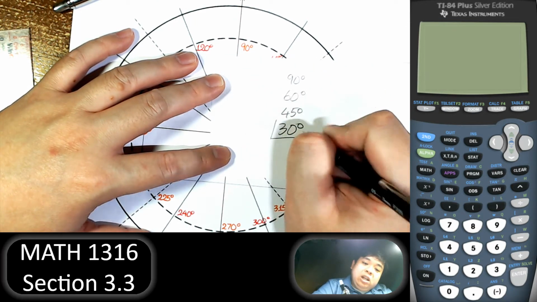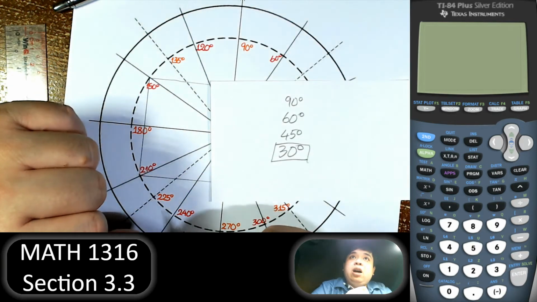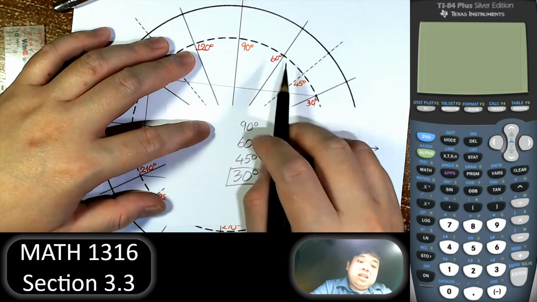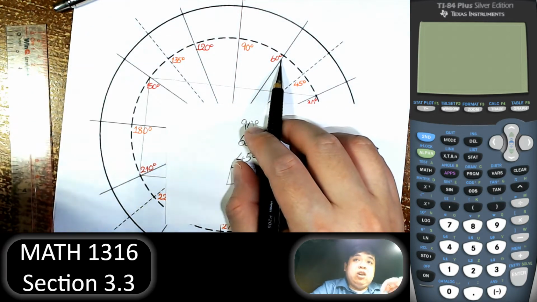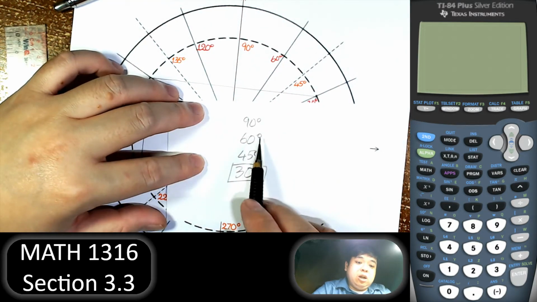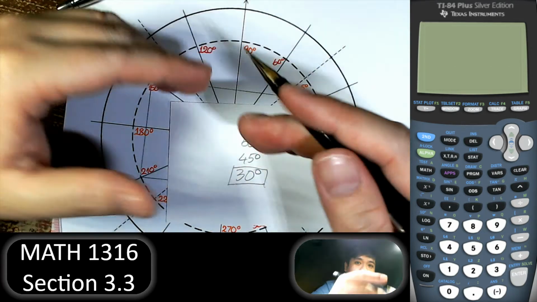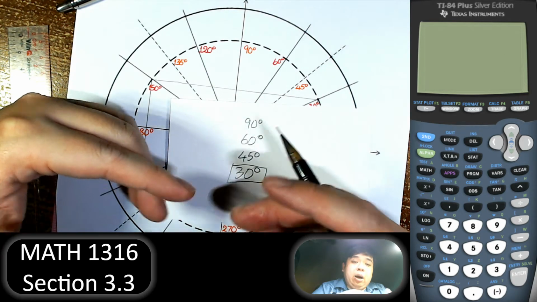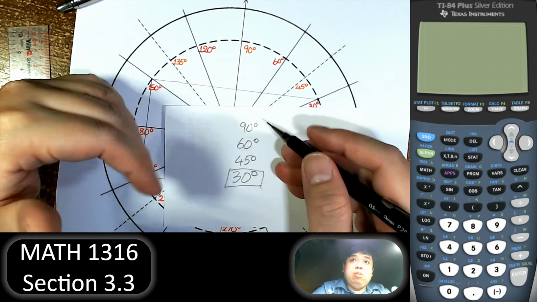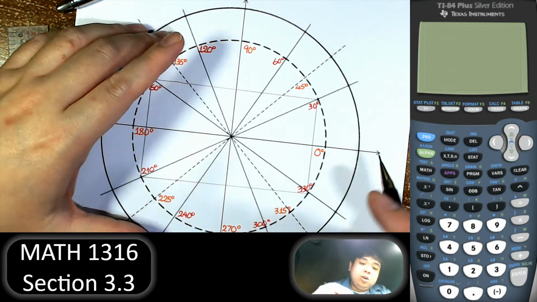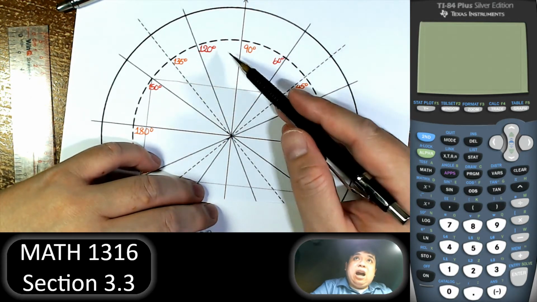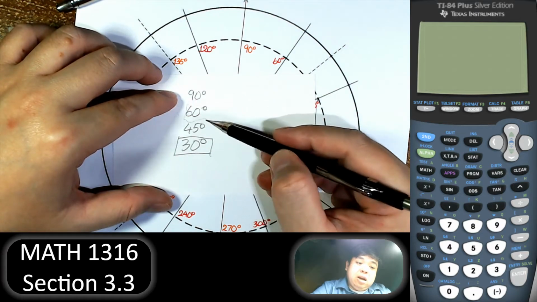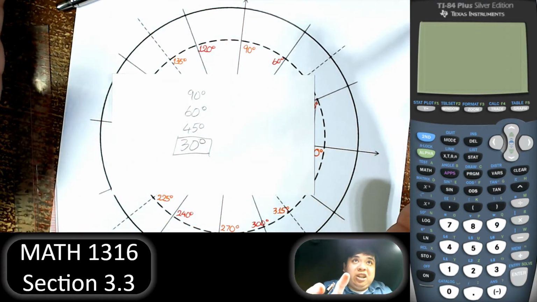If it is only divided by 30, then the reference angle is going to be 30. 60, even though it is divided by 30, the reference angle is not 30, because 60 also divides by 60. So we start with the bigger numbers and go down. Whenever it is divided by that number, it is the reference angle. So 60 and 90, even though they are divisible by 30, they divide by 60 and they divide by 90. So that's why it doesn't count.